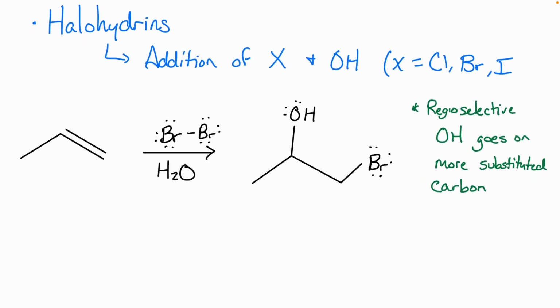All right, so this reaction starts out a lot like our halogenation reactions. We get that cyclic intermediate.